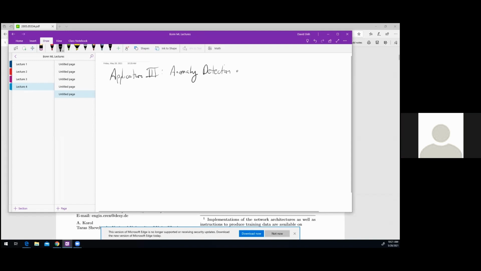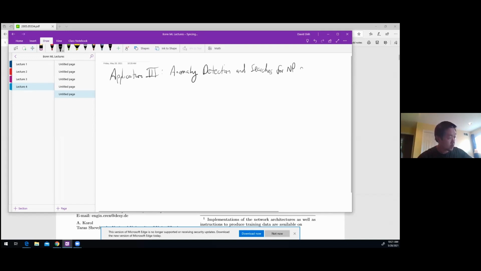Anomaly detection and searches for new physics at the LHC. Okay, just by way of motivation, I'm going to be pretty brief on that because of the time. We all know we're looking for new physics at the LHC.